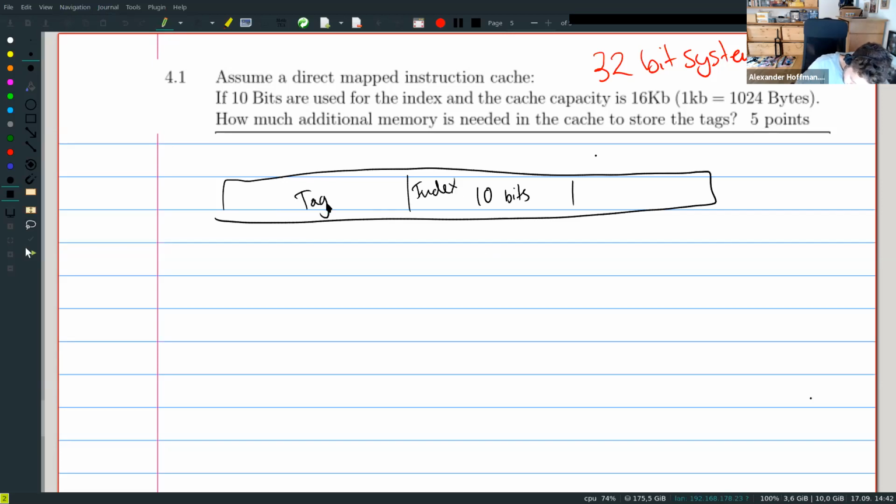Tag, offset. We need to figure out how much memory we need to store. So 10 bits are used for index and the cache capacity is given. We need to figure out the size of the offset and the tag, and I think we're assuming we have all the information to figure this out. So how can we figure out how big our offset is?